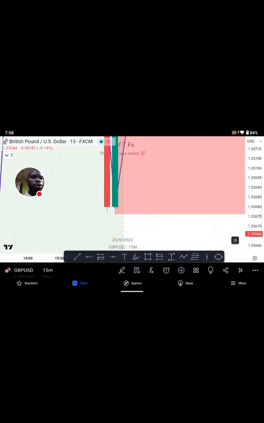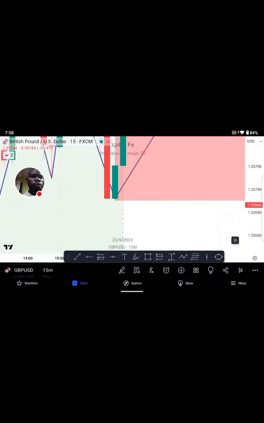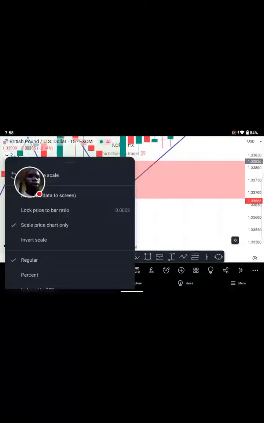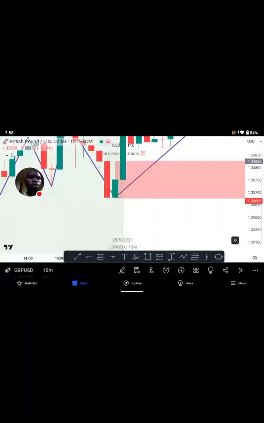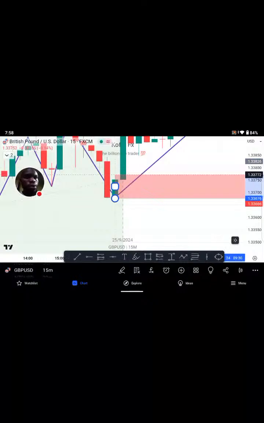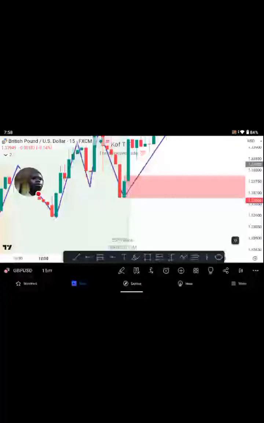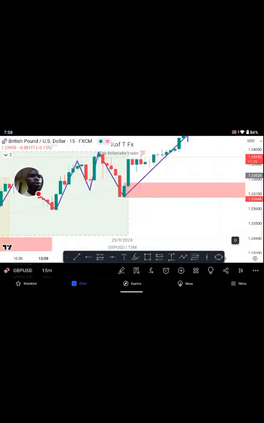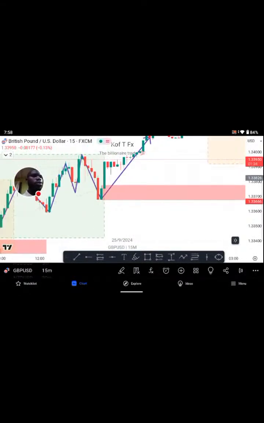The green candle will be my entry instead of using the red candle. So from the eye of the green candle, let's see how many pips we have for that.